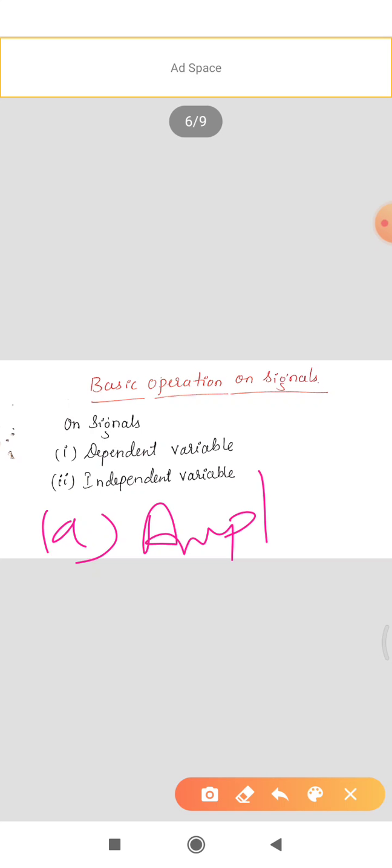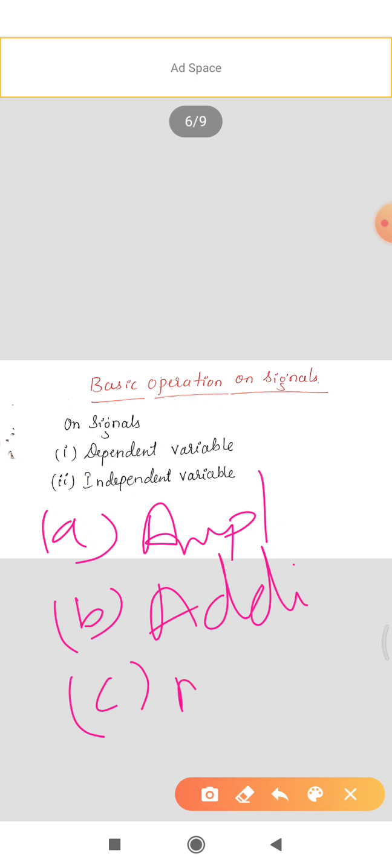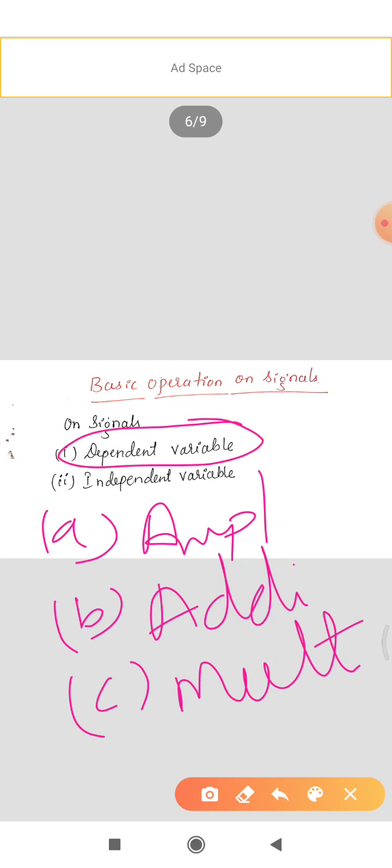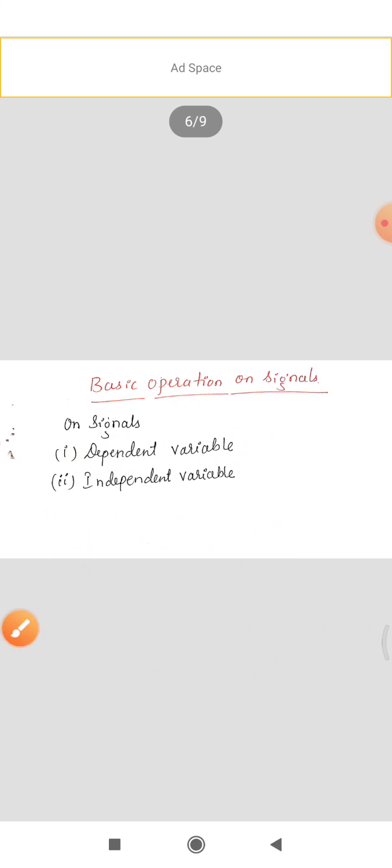First one is amplitude scaling, second one is addition, third one is multiplication, fourth one is differentiation, last one is integration. These are based on the dependent variable. Whatever we are going to study is completely corresponding to the y-axis.